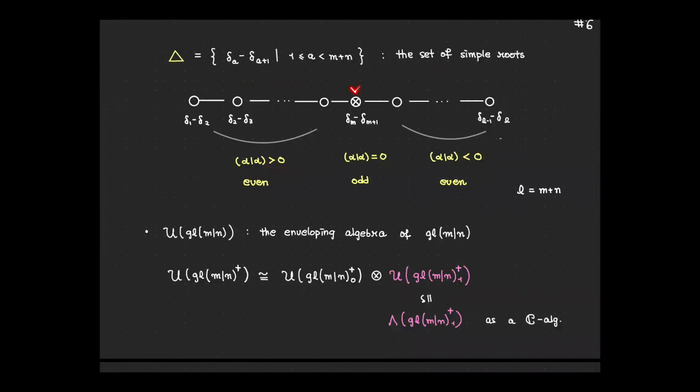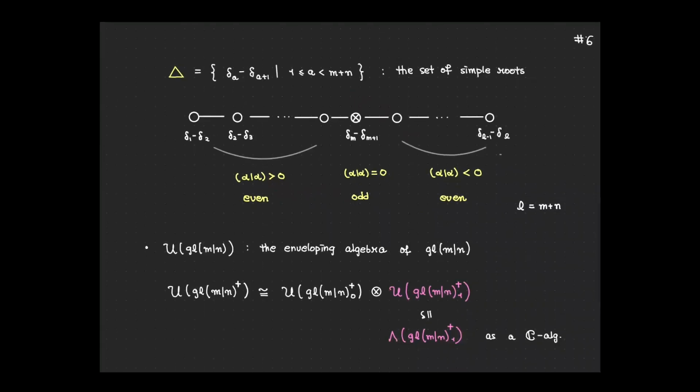And there is one odd simple root, corresponding to the indices m and m plus 1. In this case, the norm is 0, so it is an isotropic simple root. That's the main difference from the case of a usual simple Lie algebra of type A.